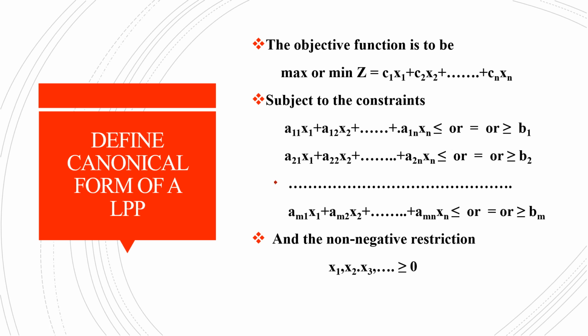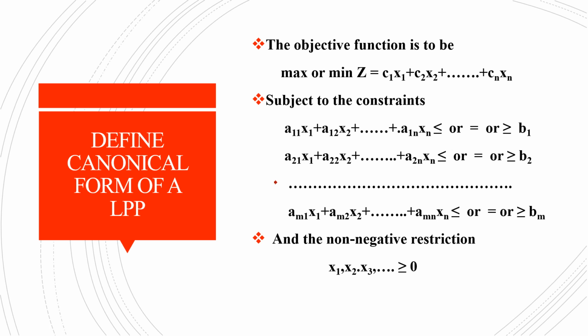Second step, subject to the constraints. These are the relations between the functions: a11 x1 plus a12 x2 plus up to a1n xn less than or equal to, or greater than or equal to, b1.